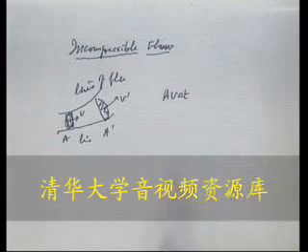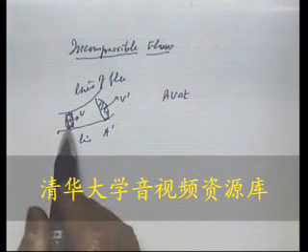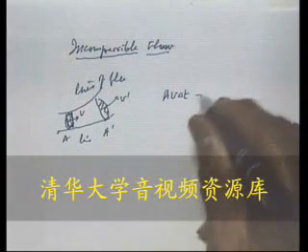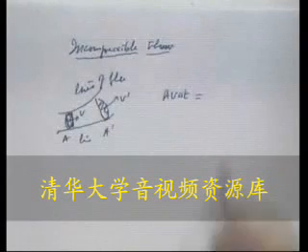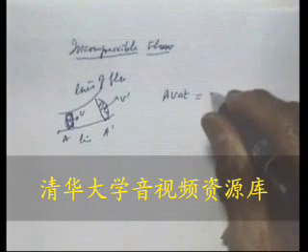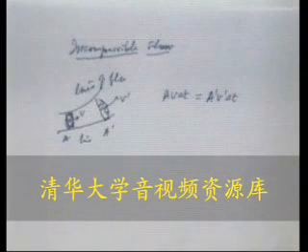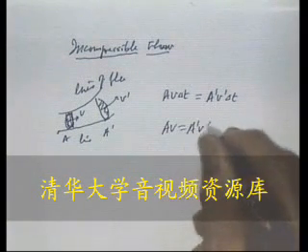So this is the total volume of liquid that enters this area. And that must be equal to the amount which goes out, because you cannot compress it. So therefore, this is equal to A prime v prime delta t. So Av is equal to A prime v prime.